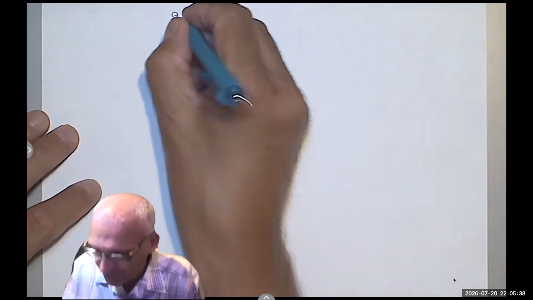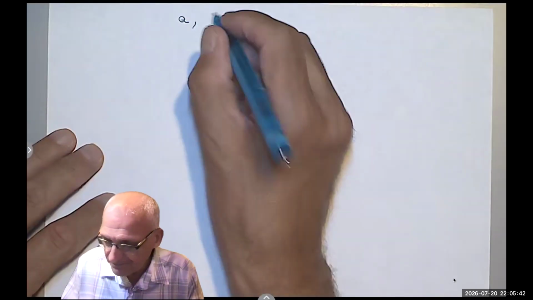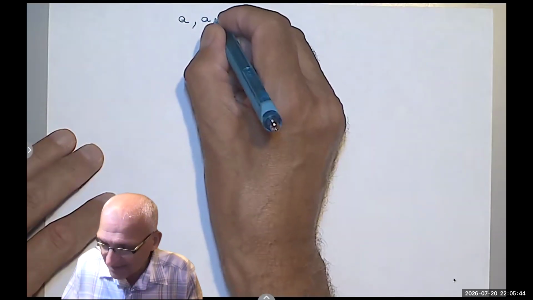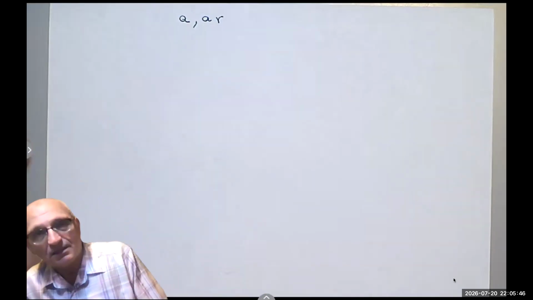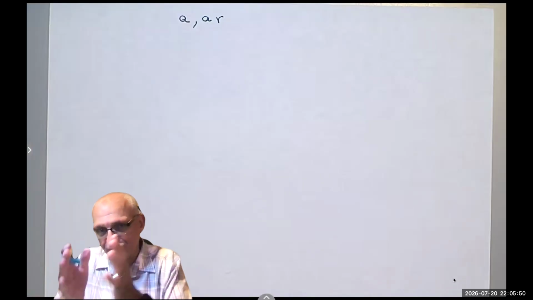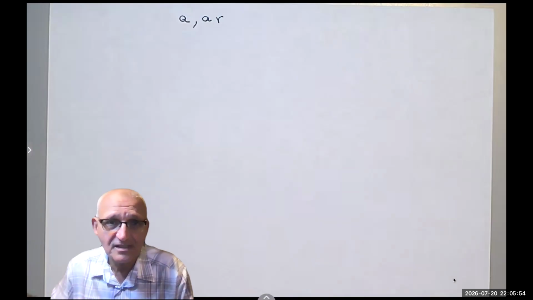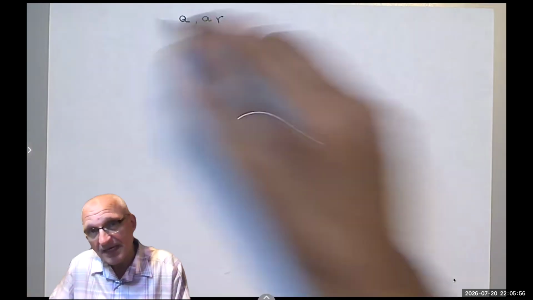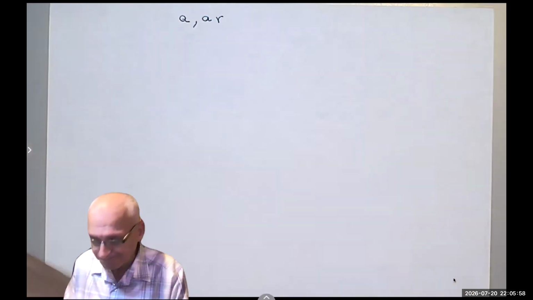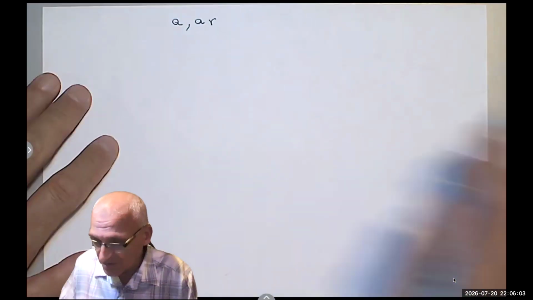The first one, if we call it A, the first term, then the next one would be A times a common ratio called R. R for ratio, like D for difference. So if it's a difference, it's the same amount I add or subtract, it's an arithmetic sequence. If I multiply or divide, it becomes a geometric sequence.